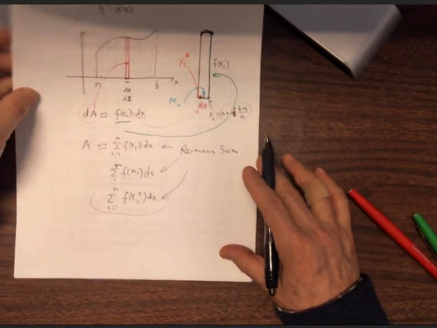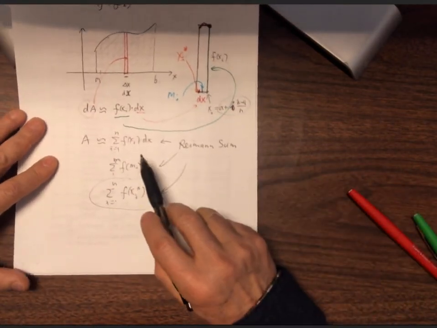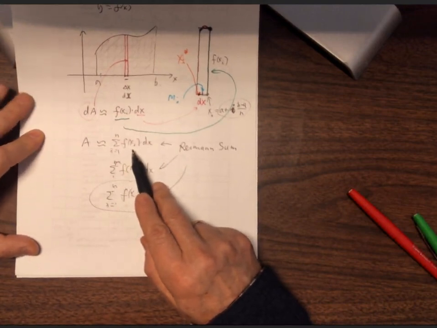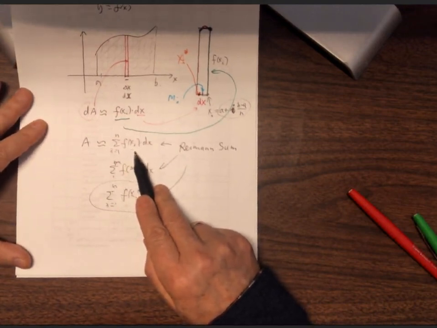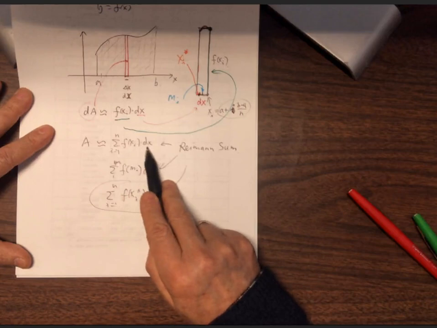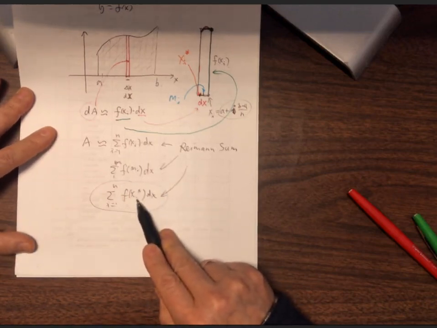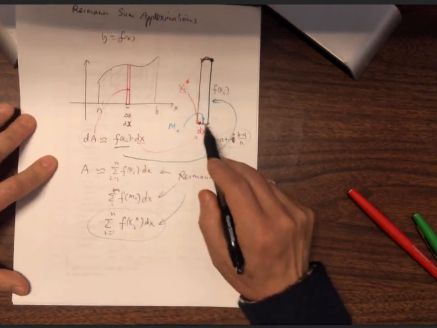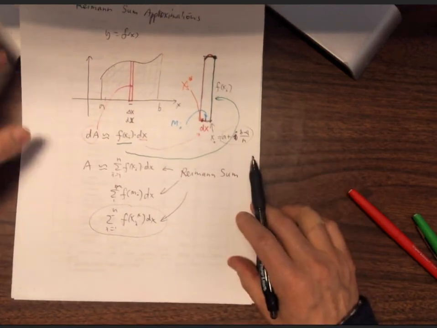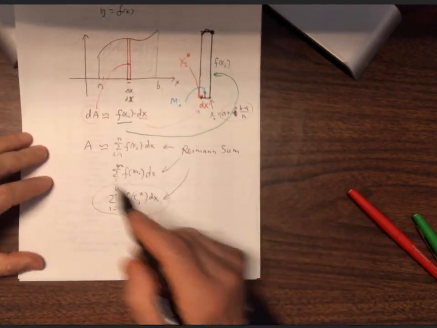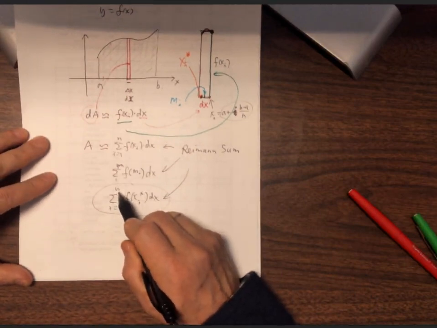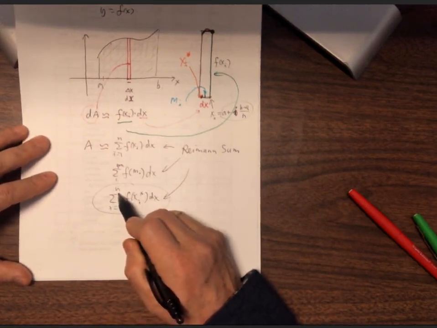As a matter of fact, whether you use a right endpoint to create a Riemann sum, or middle point, or any arbitrary point within each subinterval, when n is very, very large, say n goes to infinity.